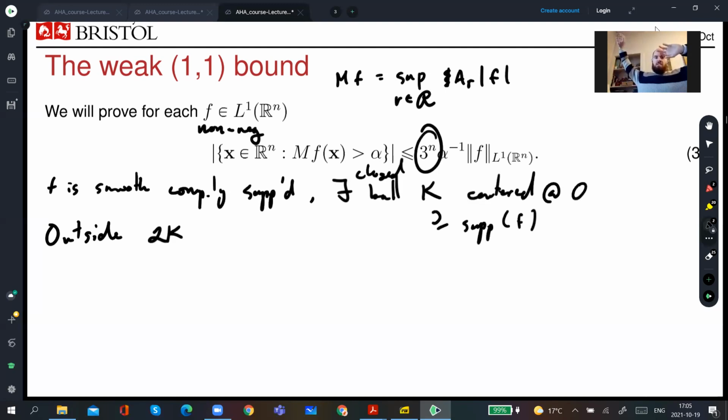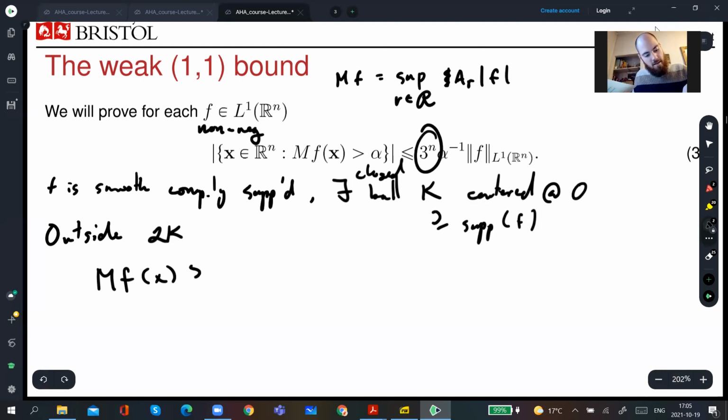So the maximal function is going to take an average that actually contains K, and when it does, we know roughly how big the maximal function is. Up to some constants I'm not making too precise right now, it's about x to the minus n inside of R^n.